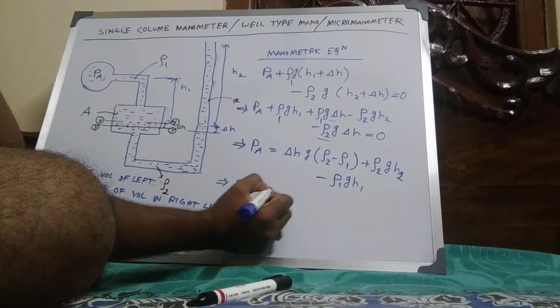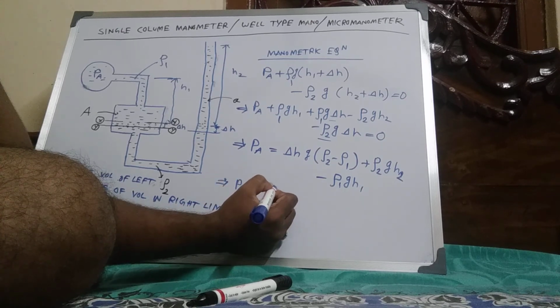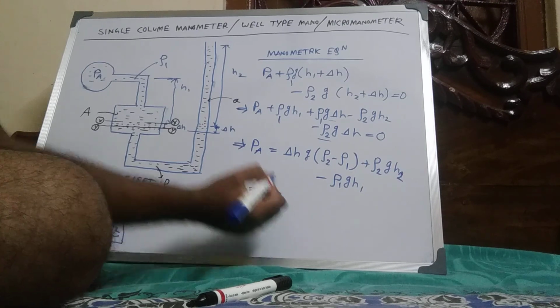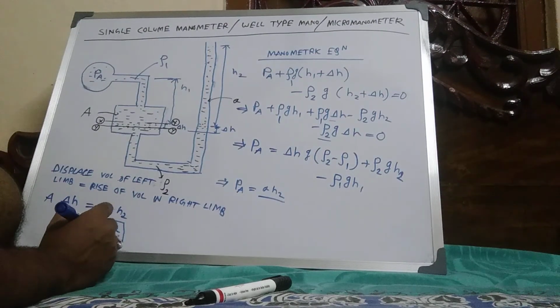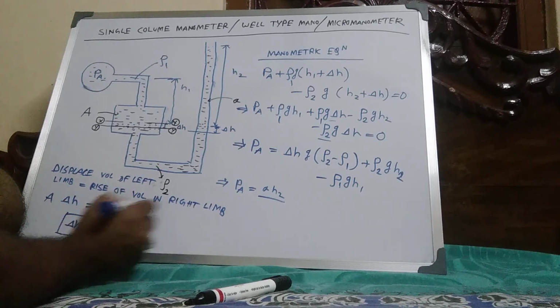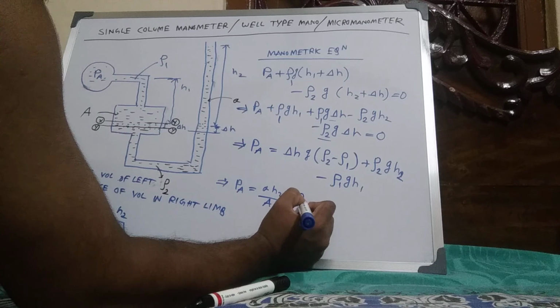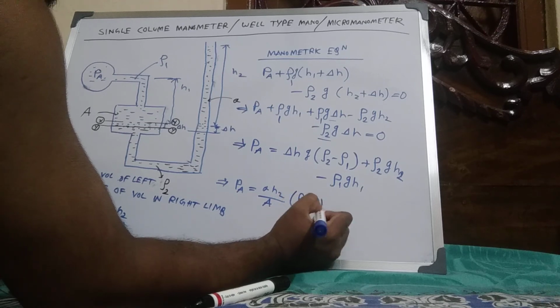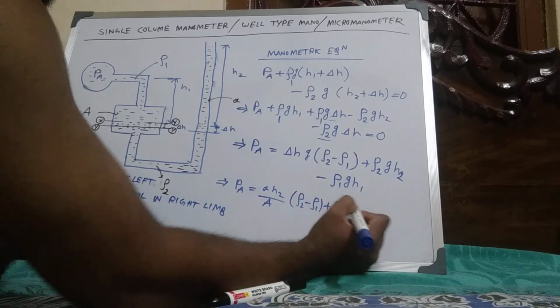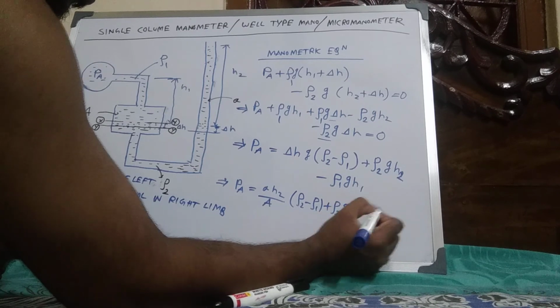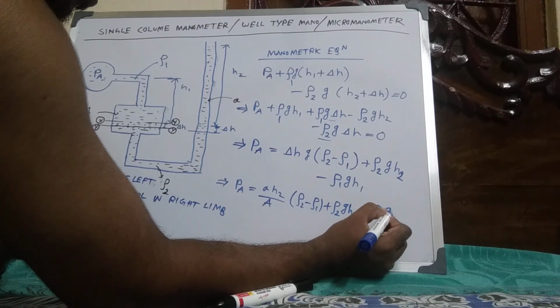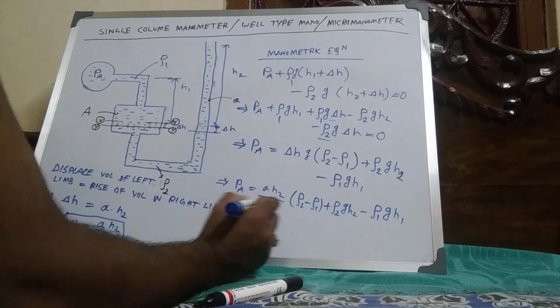PA equals A2 by A1 into rho 2 minus rho 1, plus rho 2 g h2 minus rho 1 g h1.